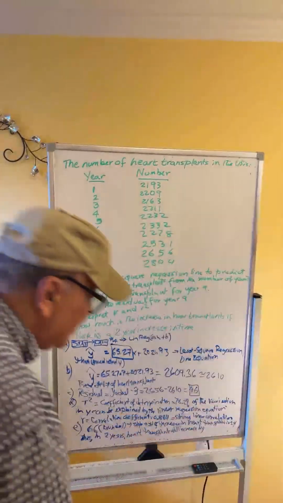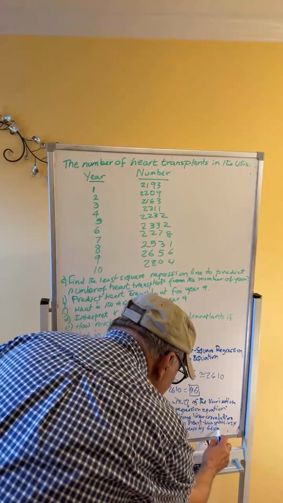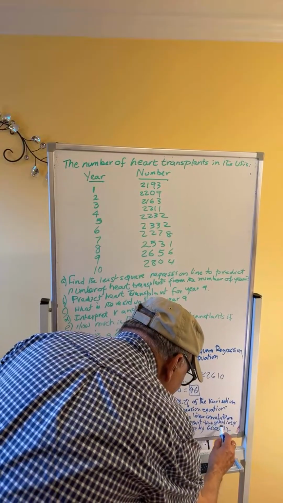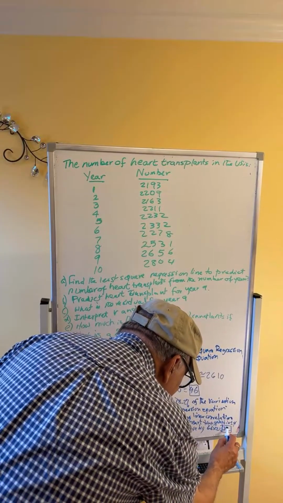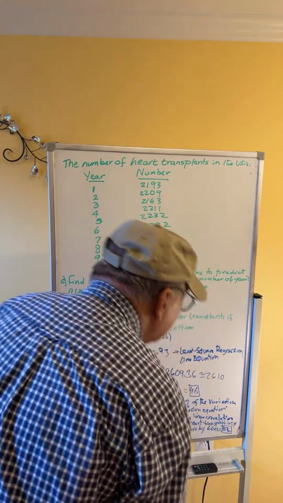In 2 years it will be double of that. 66 times 2, which is 132. So the last part answer is 132 is the increase in heart transplants in 2 years.